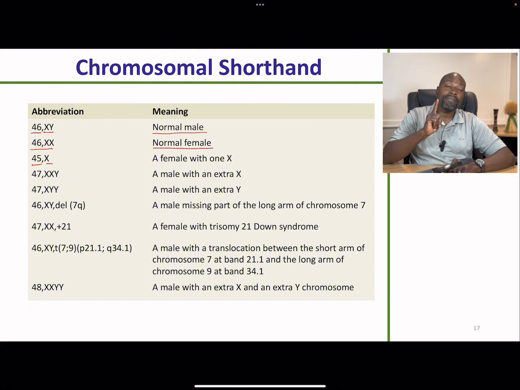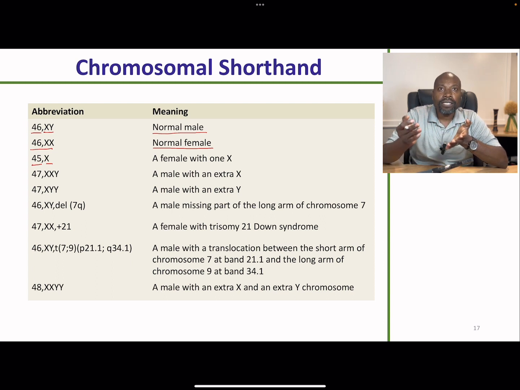45X, 45 instead of 46, right? That means we are missing something, right? We say 45X, that individual is a female that is lacking an X, right? Well, we tend to say that female is a sex by default in human.